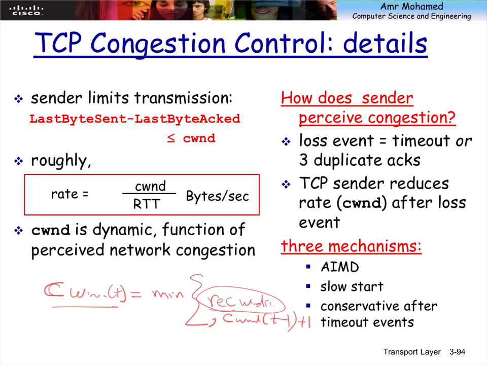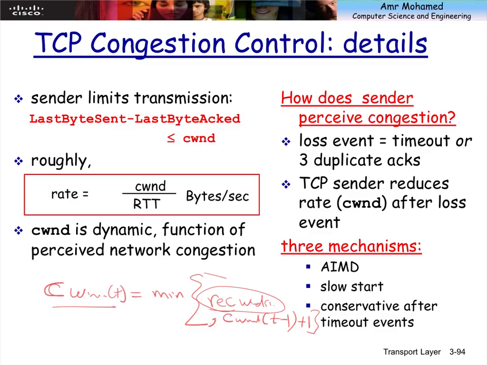So this simple control technique will take care of both congestion control and flow control. The receiver window is communicated from the receiver in the header. Congestion window I can keep increasing as long as I'm receiving acknowledgements. So if the next congestion window is the minimum of both parameters, then I'm fine.